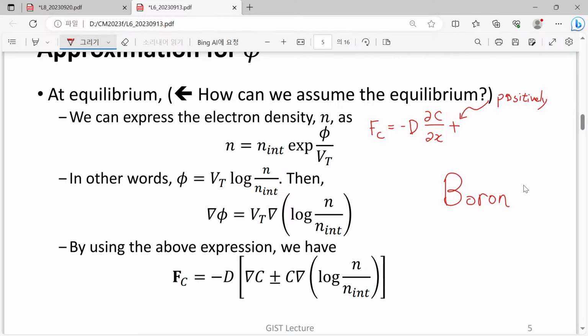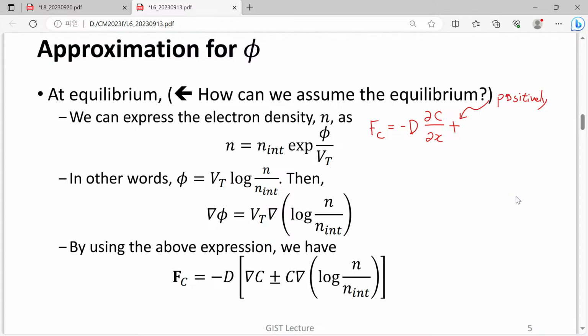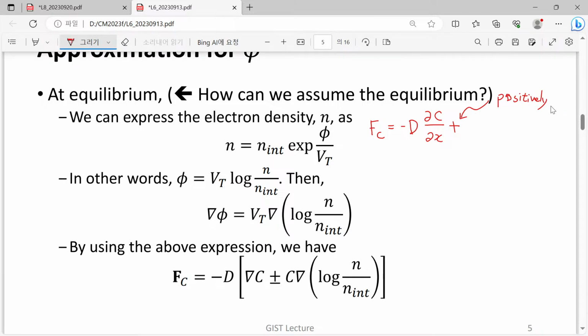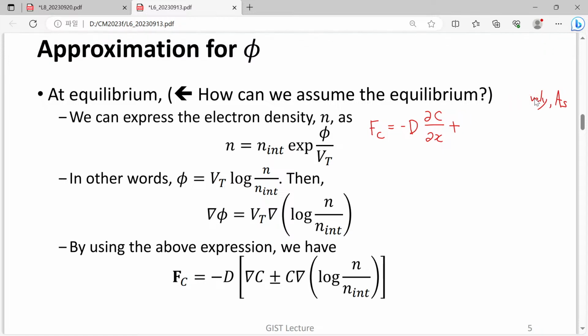Boron is a p-type atom, so a p-type dopant. When you consider boron, then that should be the minus sign. But right now we are more or less considering arsenic or phosphorus, so it is okay to consider the positive sign in this case.